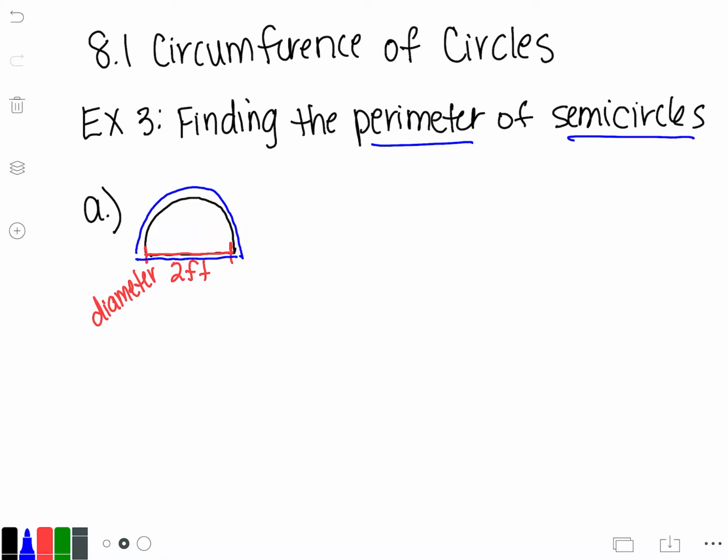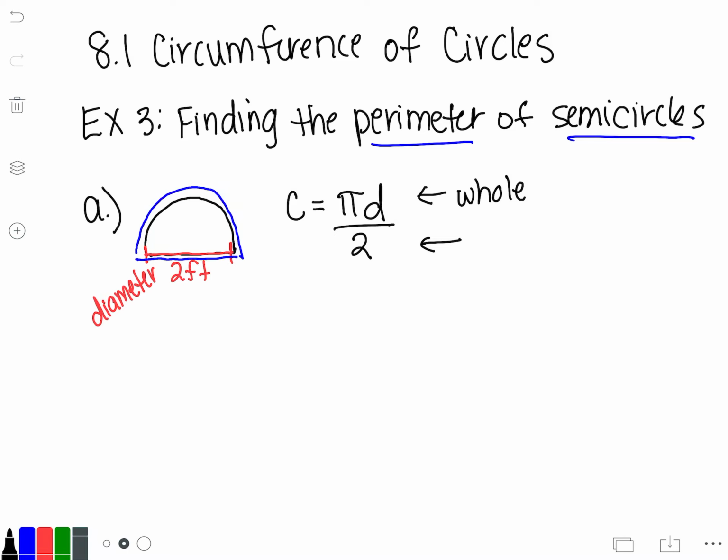So we are going to start by using the formula for the circumference of a circle. And since we are given the diameter this time, I want to use circumference equals pi d. Now, this would be for a whole circle. And so since we have half a circle, we are going to divide by 2 at the end. That's very important.